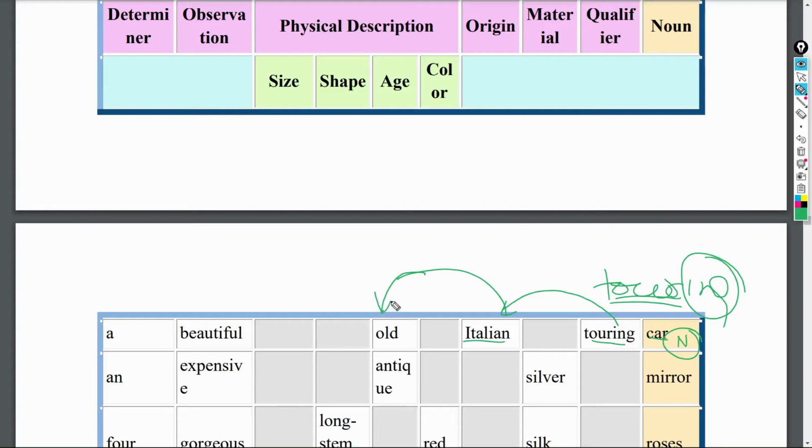Old, it is talking about the age, there is no shape or the size here. And observation, what is the observation? Beautiful. Then the determiner, what comes first.